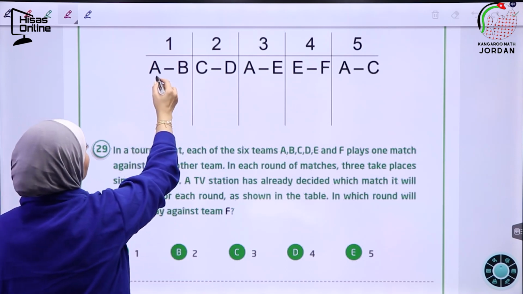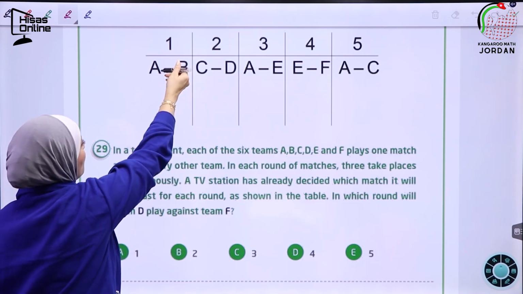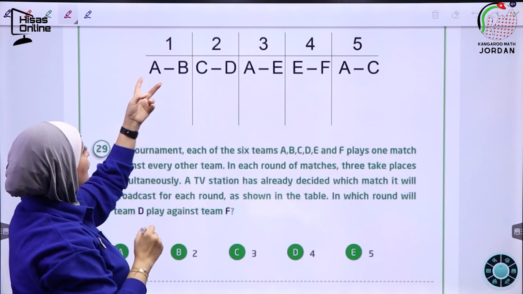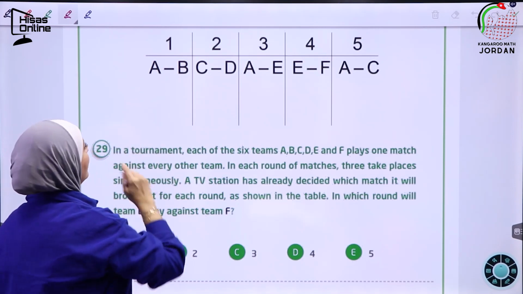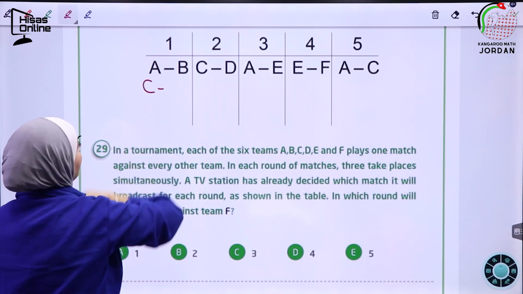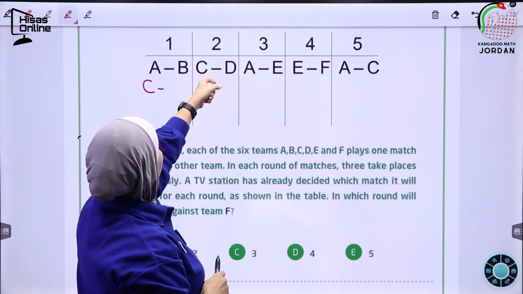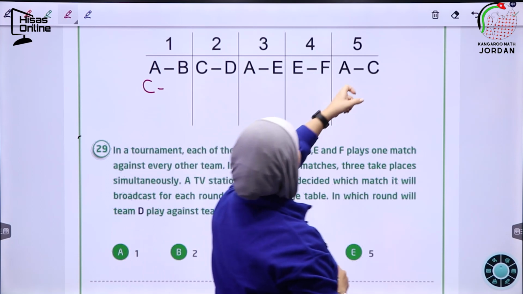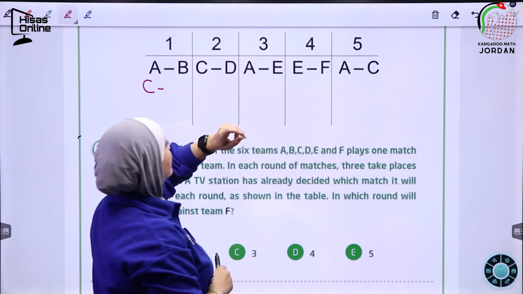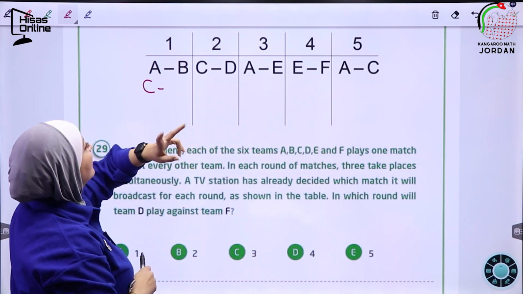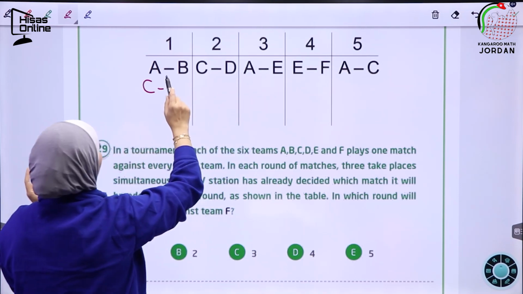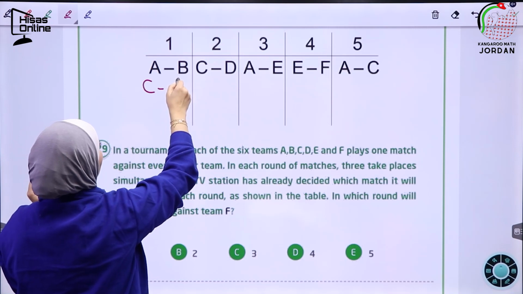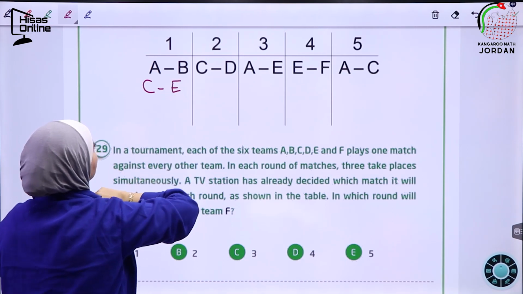A played with B, so no way to play again, neither A or B. So I still have C, D, E, F. Let's write C and discover. C played with D and C played with A. And we still have E and F. So C with E, let's assume this.